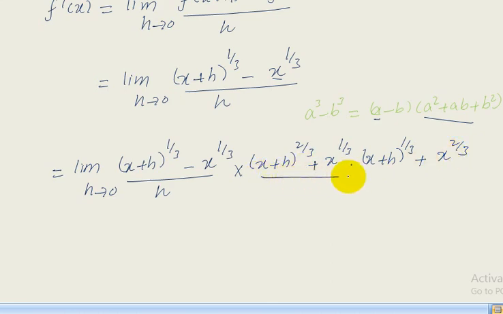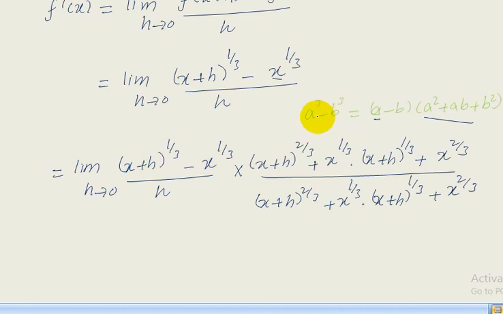Now we divide by the same term, which is x plus h whole raised power 2 upon 3, cube root of x into cube root of x plus h, plus x raised power 2 upon 3.